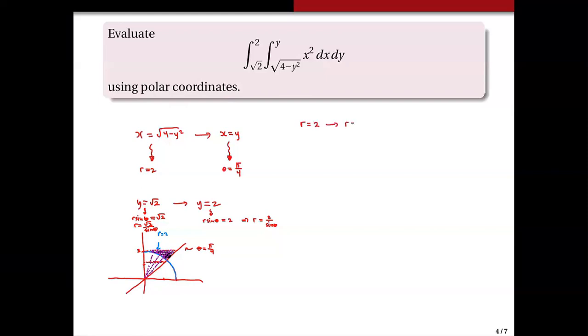So if we convert this to polar, what we will have is r equals 2 going to r equals 2 over sine theta, and theta is equal to pi over 4 until theta equals pi over 2. So again, if we label this as I, this means that I equals the integral from pi over 4 until pi over 2, integral from r equals 2 until r equals 2 cosecant theta.